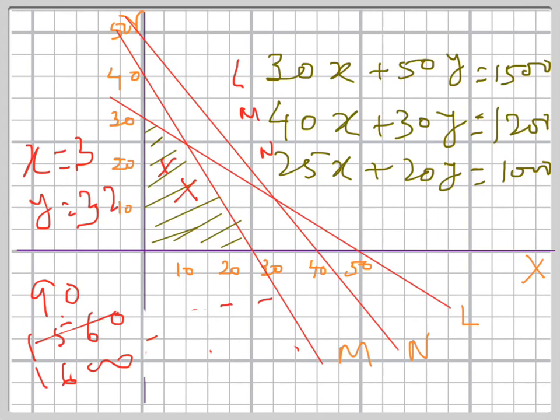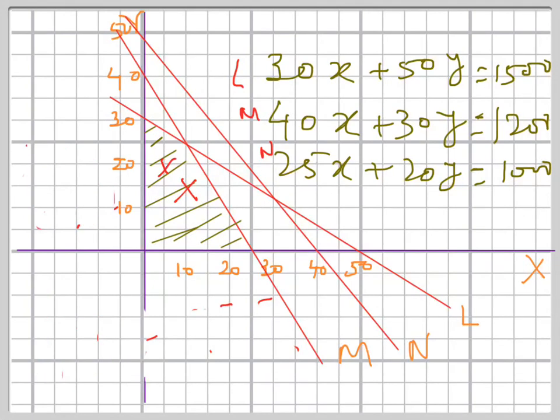It means that you have sufficient M to produce 3 liters of paint A and 32 liters of paint B. Similarly for chemical N also, 25 into 3 is 75, and 20 into 32 is 640. The total becomes 715, and this condition 2 is satisfied. So x equal to 3 and y equal to 32 is one such example where we have sufficient M and N, but we don't have sufficient L to produce as per that.